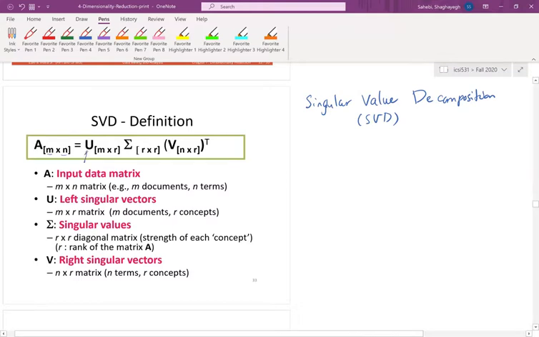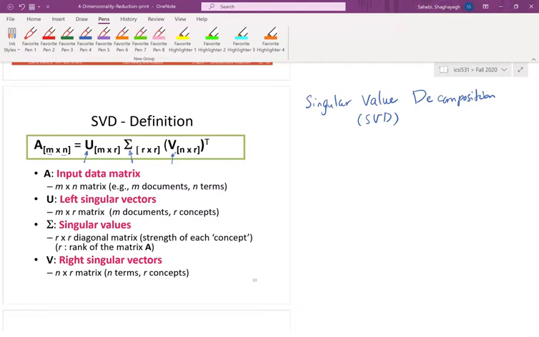U, or the left singular vector, it's on the left-hand side of these 3 matrices. It is an M by R matrix. Sigma, which is in the middle, is a diagonal matrix that is R by R, and V transpose, V is what we call the right singular vector.